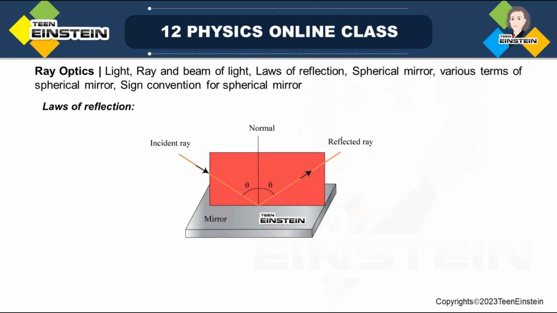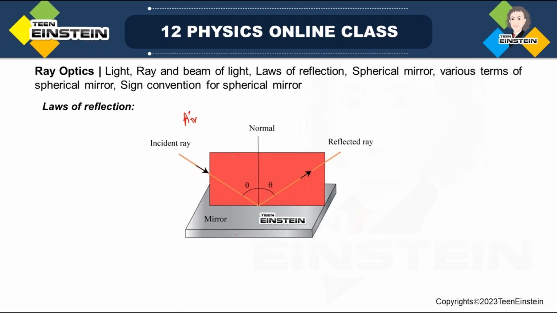Suppose this is air and this is the mirror, as you see. The light ray has come through the air to the mirror, and again it is coming back to the air. So this is reflection.